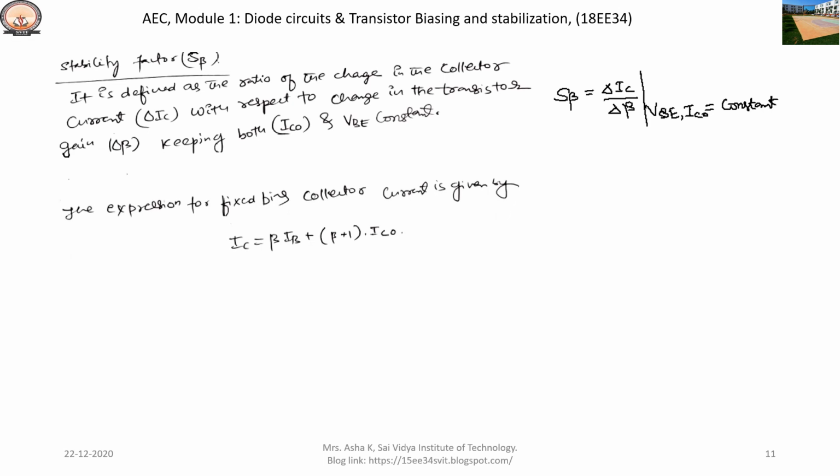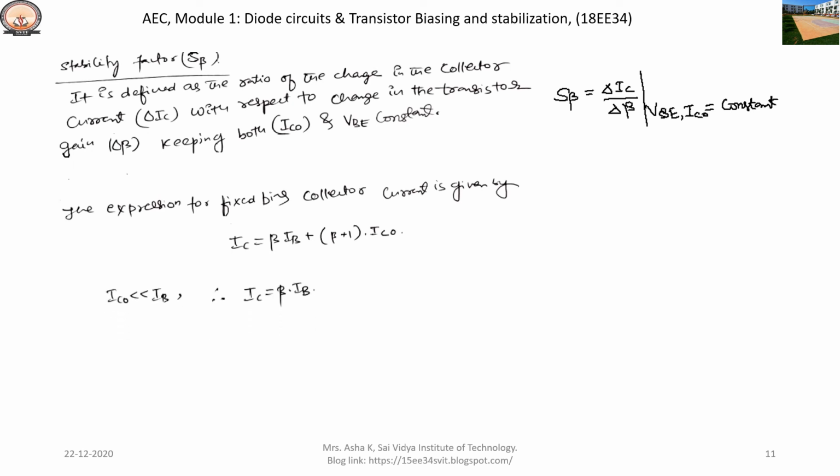The expression for fixed bias collector current is given by IC is equal to beta times IB plus beta plus 1 into ICO, where IC is the collector current, beta is the current gain, IB is the base current, and ICO is the leakage or saturation current.